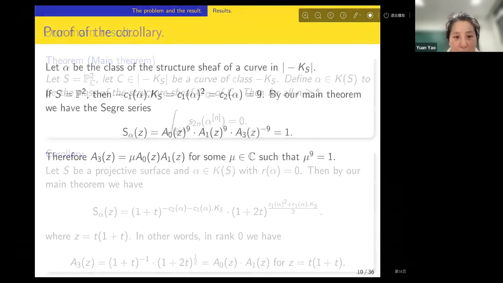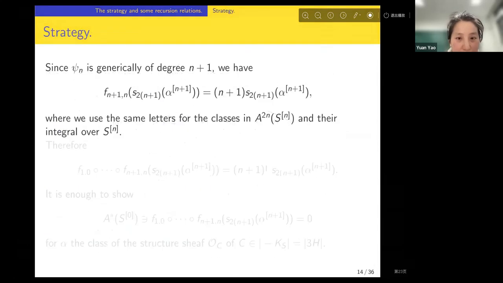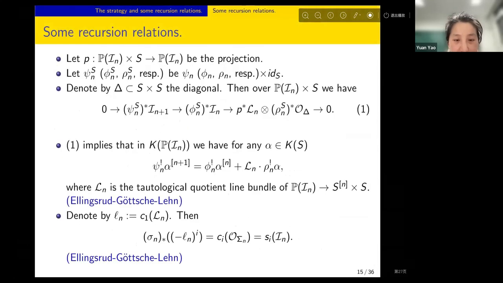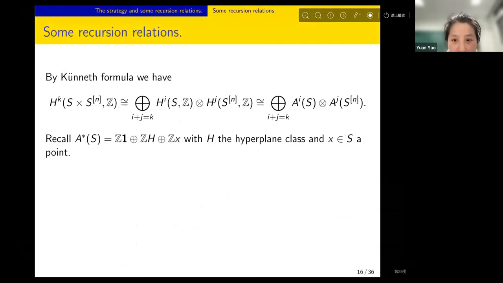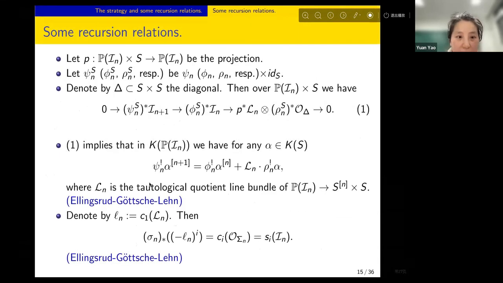We use this form. I just mentioned what I talked about, but once we use the recursion formula, we need this exact sequence. So here we need the structure sheaf of the diagonal in S times S. If S is some other surface, you may not have a very good expression for the structure sheaf of the diagonal.